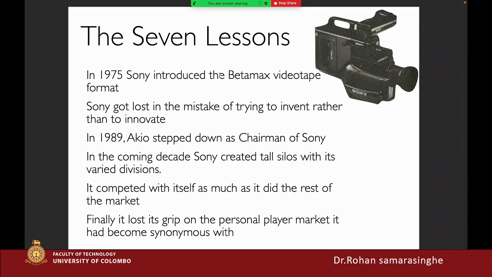Because they introduced the Betamax, and Betamax was used only for the Japanese. But there were other videotape formats in the market, and they couldn't compete with those.